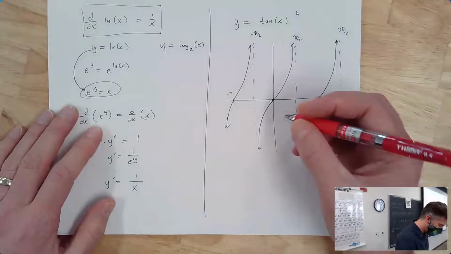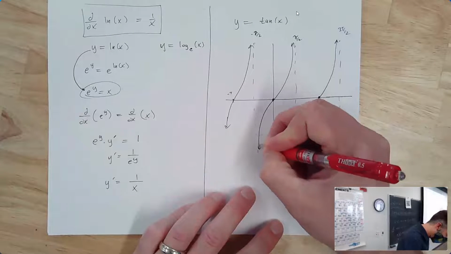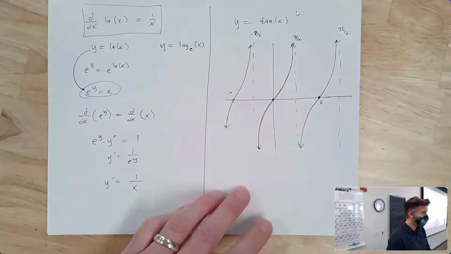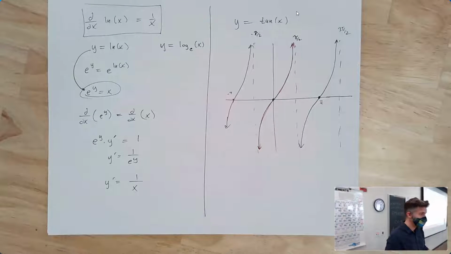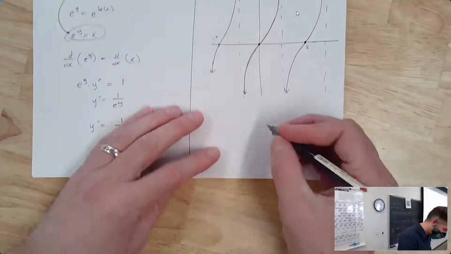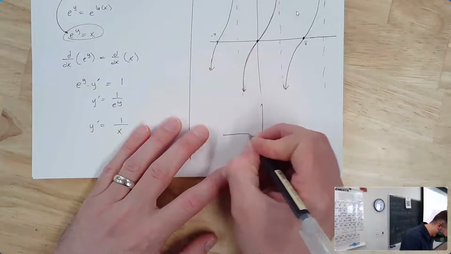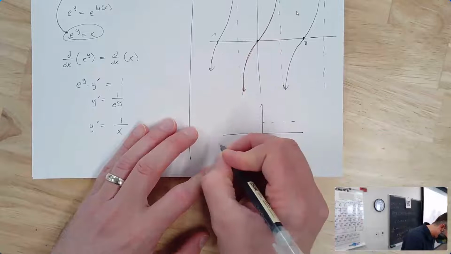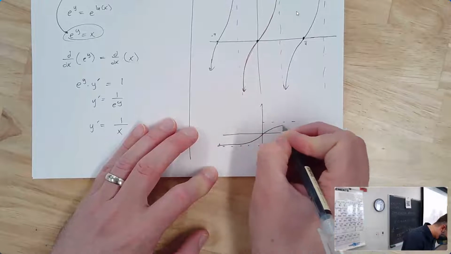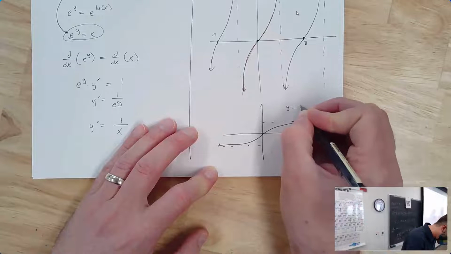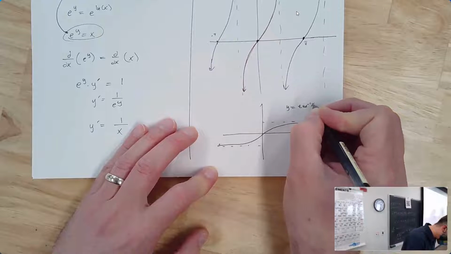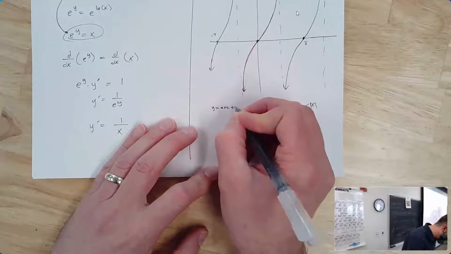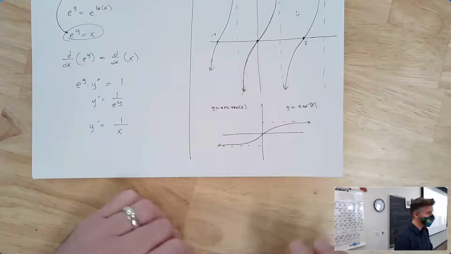So if we restrict the domain to just this section here, then when we reflect that around the line y equals x, when we switch x and y, we get this lovely looking thing here. Which is the inverse tangent of x or the arctangent of x. Either name or notation is perfectly acceptable.